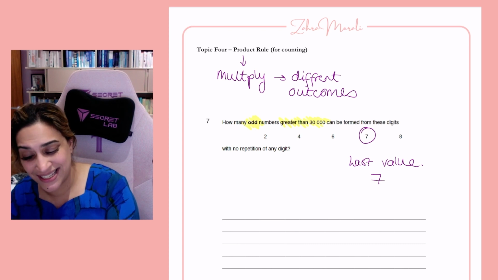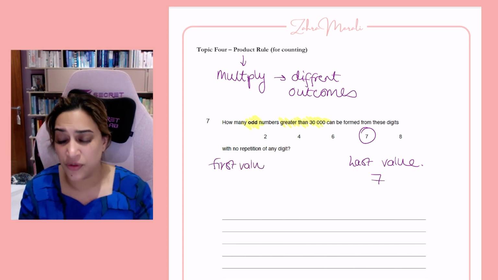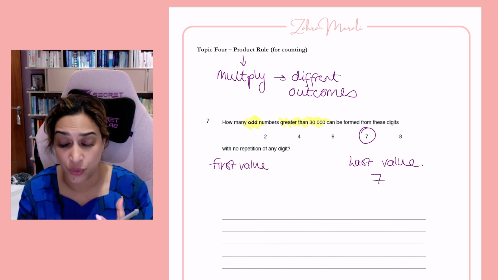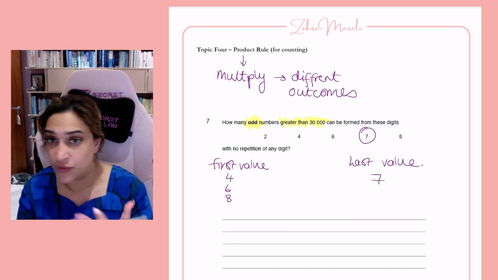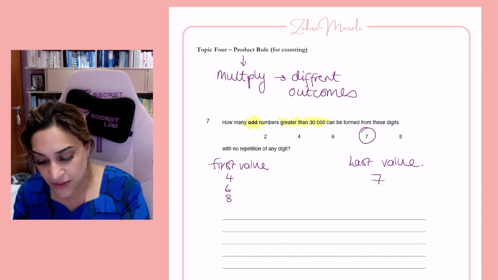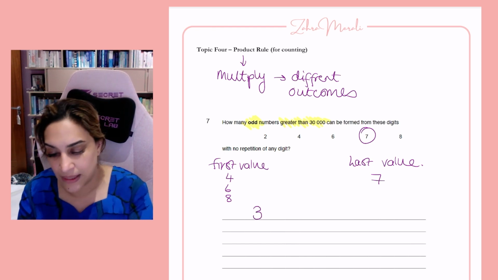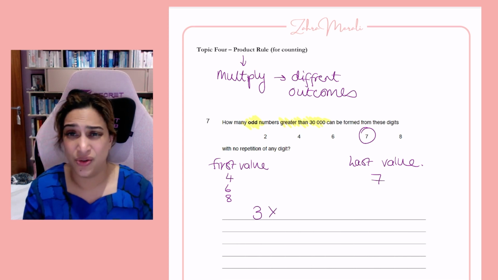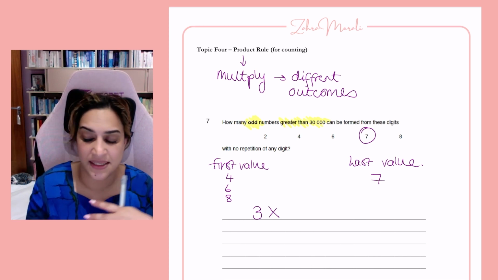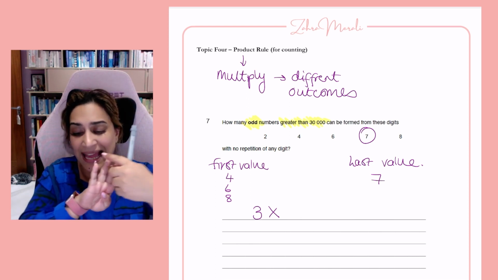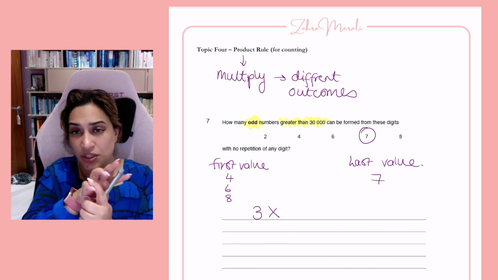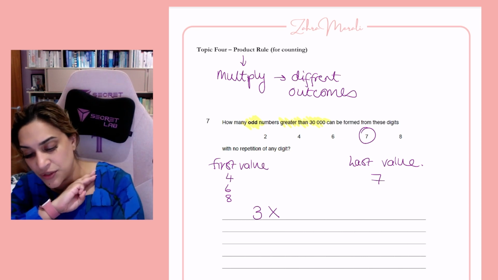We want it to be greater than 30,000, so my first value can't be smaller than 3, so we can't use 2. So the only options are 4, 6 and 8, because remember 7's been used up. So my first value has 3 options. My second value can be any number except for the 7, so that rules it down to 4, and except for the one I just used as my first value.